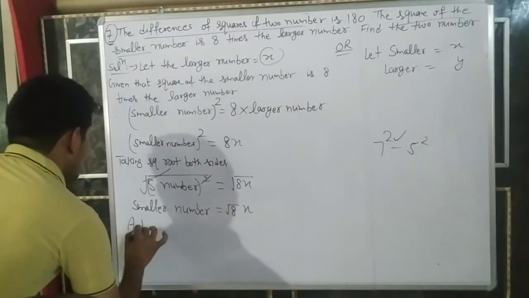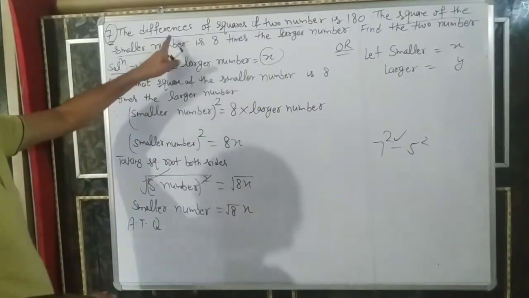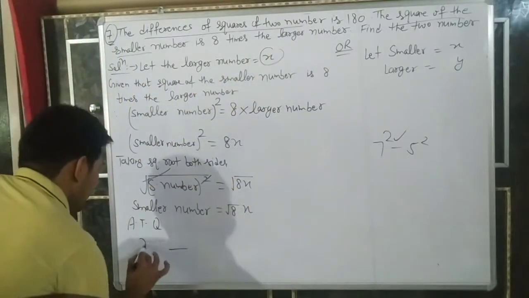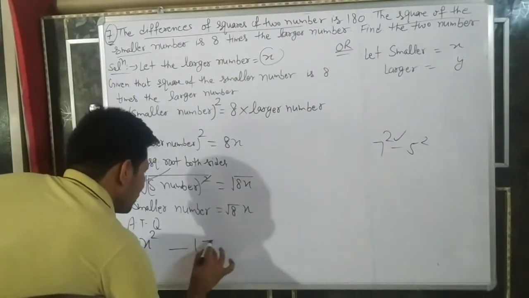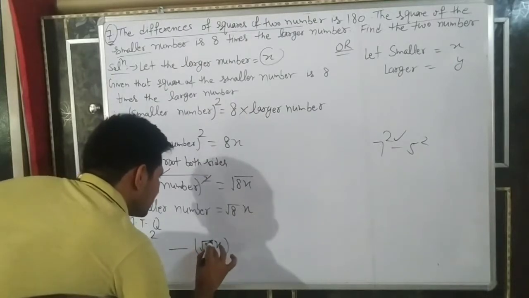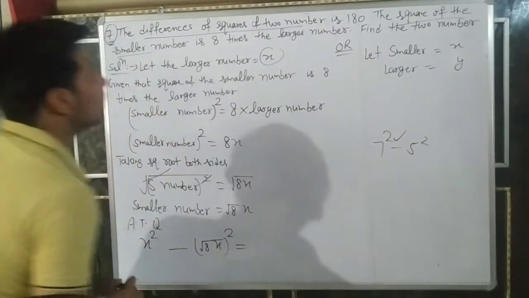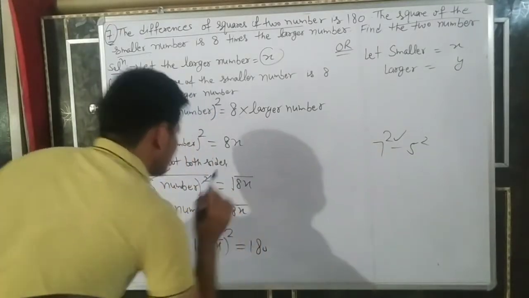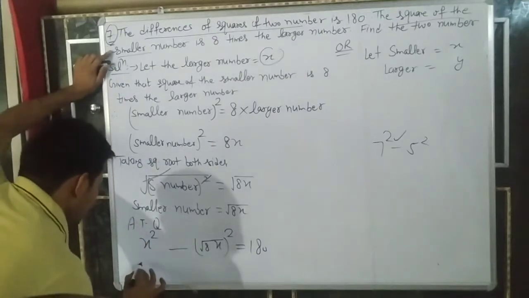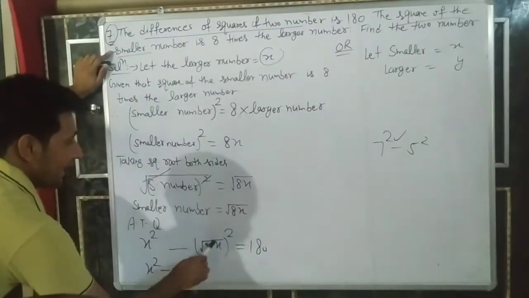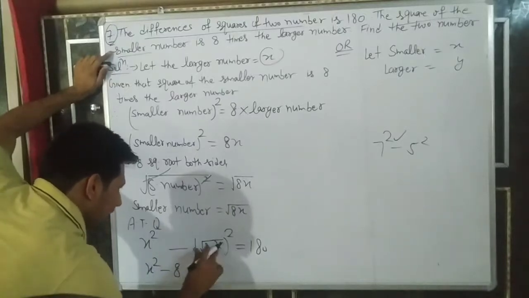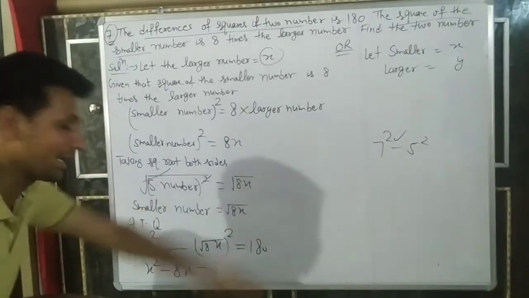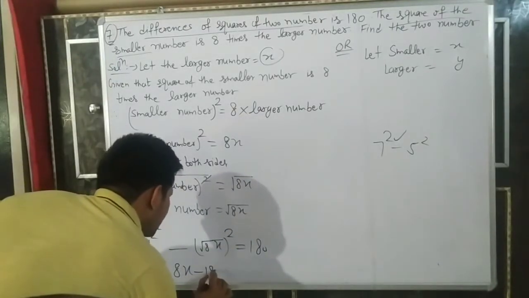So write according to the question: x square minus the square of root 8x equals 180. We write x square minus 8x equals 180, and moving 180 to the other side, x square minus 8x minus 180 equals 0.